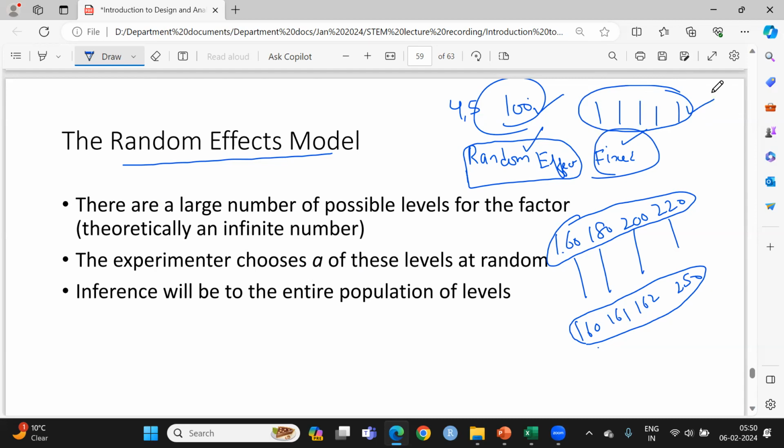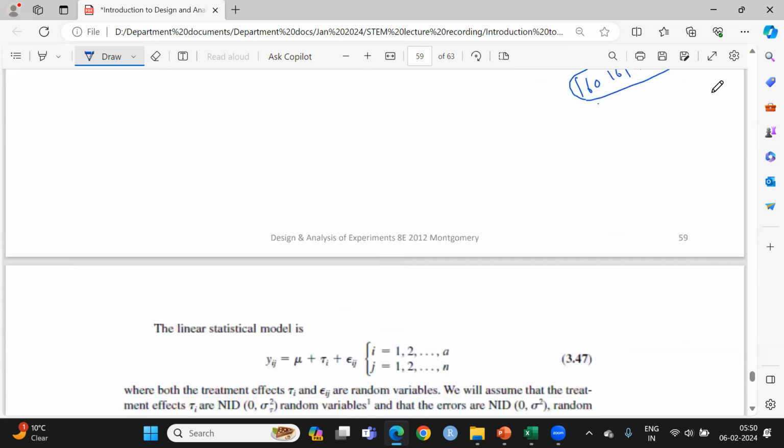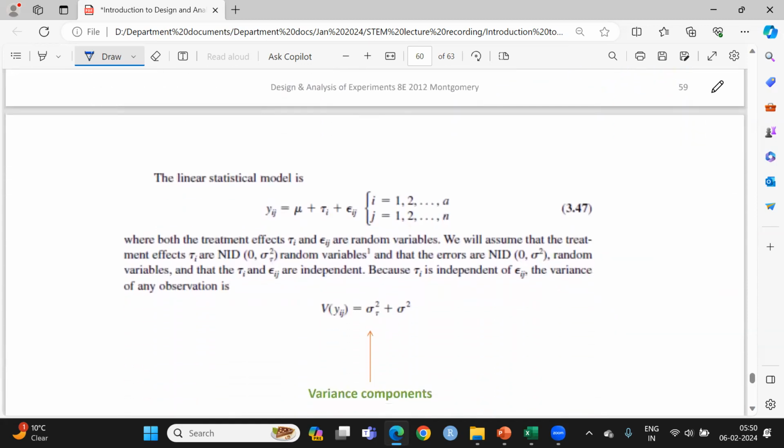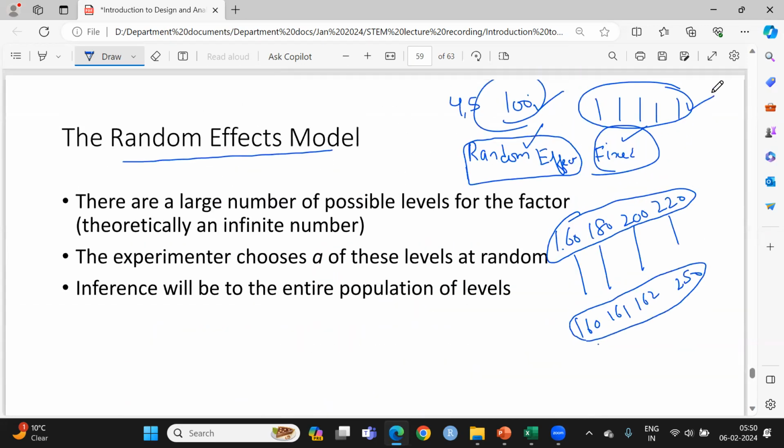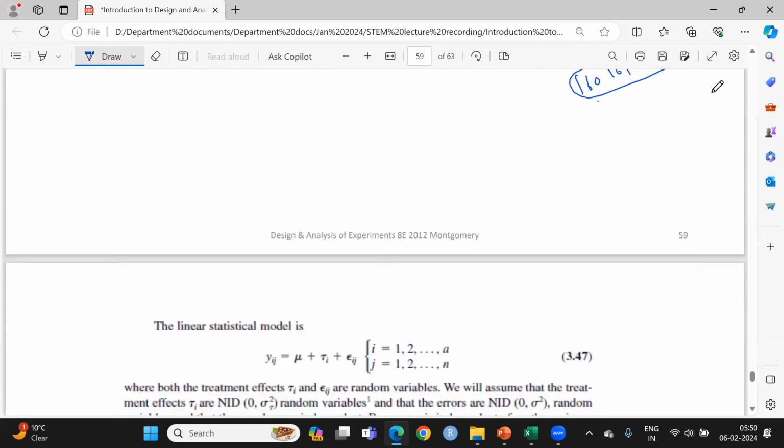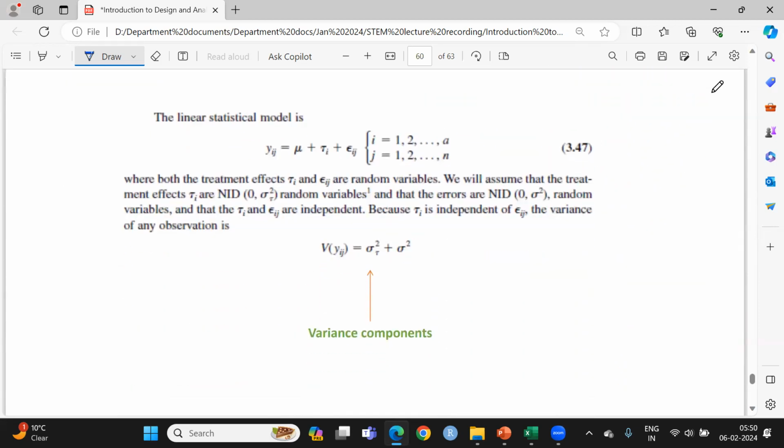This is the main difference. In the case of random effect, we have one more assumption: we also consider this component as a random variable. So that leads to some difference in the mathematical format, but there will be no difference in the implementation.